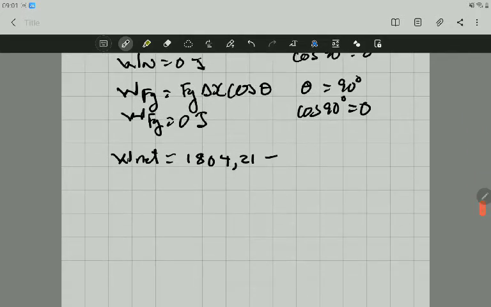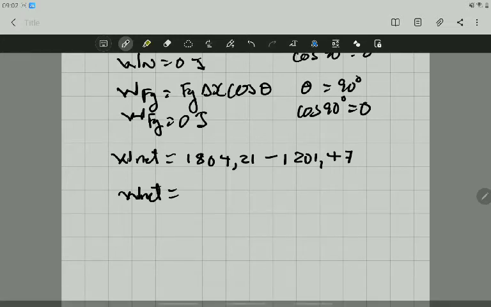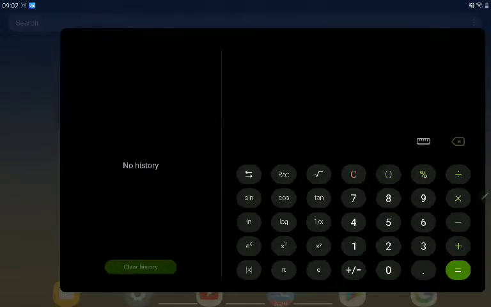It is negative. The work done by normal is 0 and the work done by gravitational force is 0, so I'm not going to substitute. So the work done by the net force is equal to, let's use our calculator.